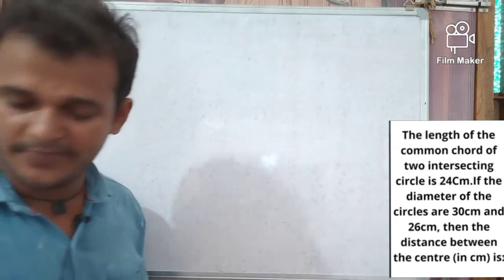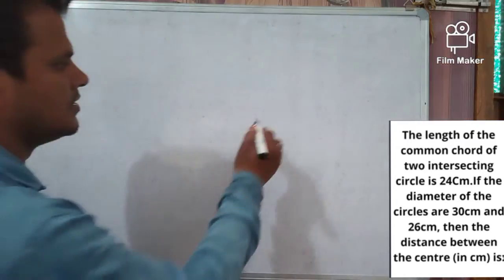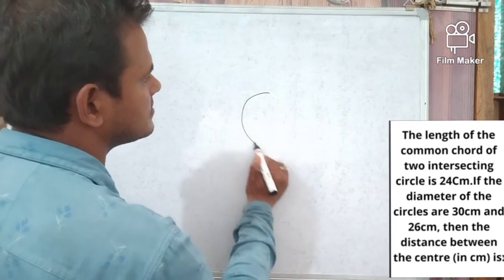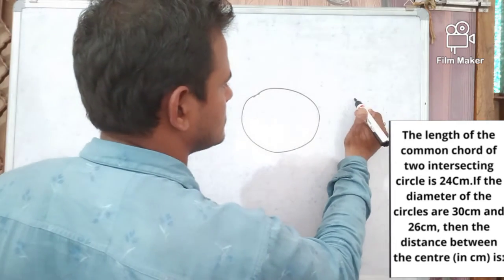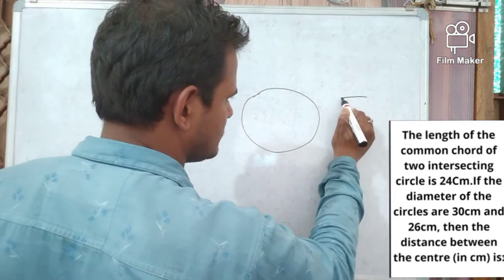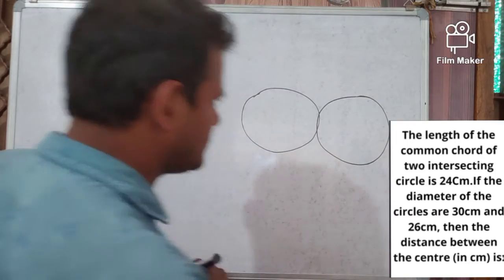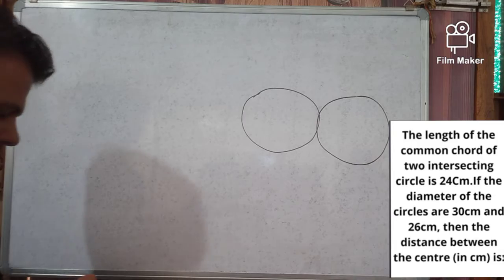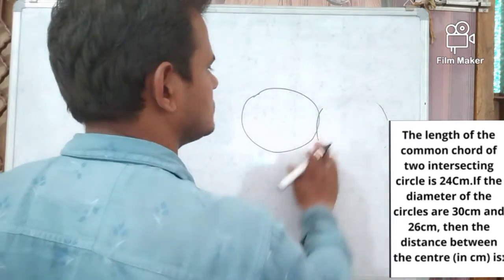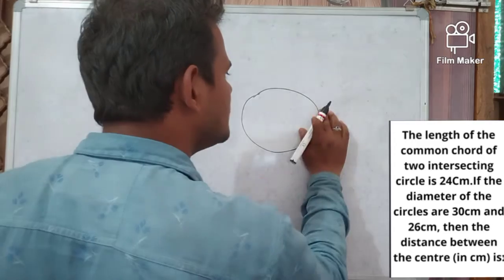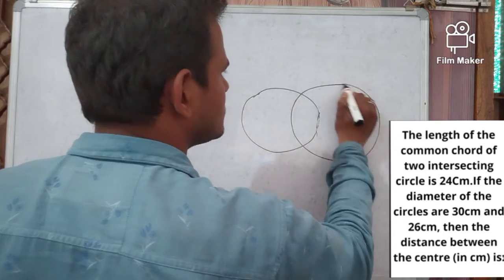So see here friends, this is one circle and this is second circle, right? In this question a common chord is given. Common chord means it will be like this.